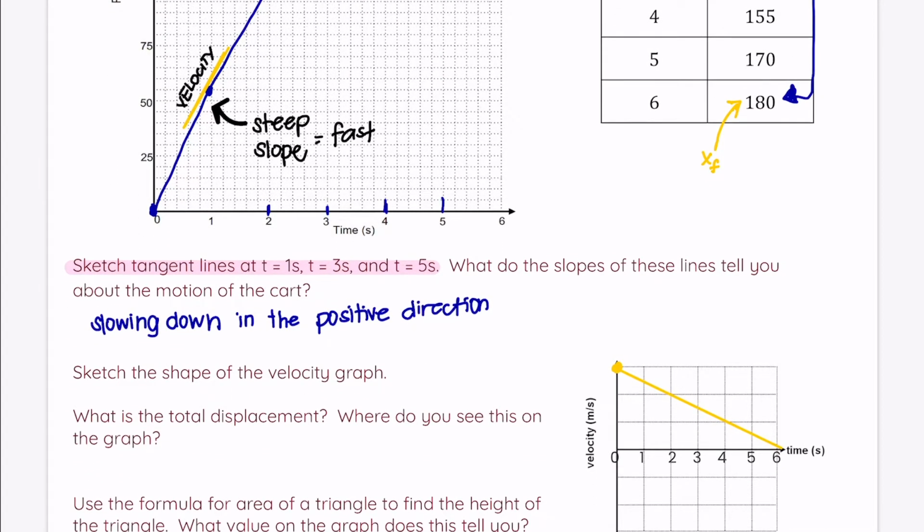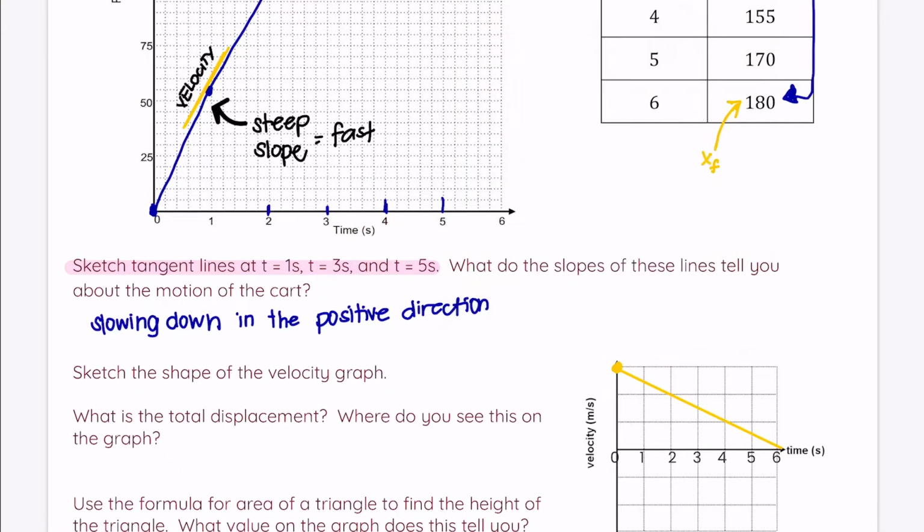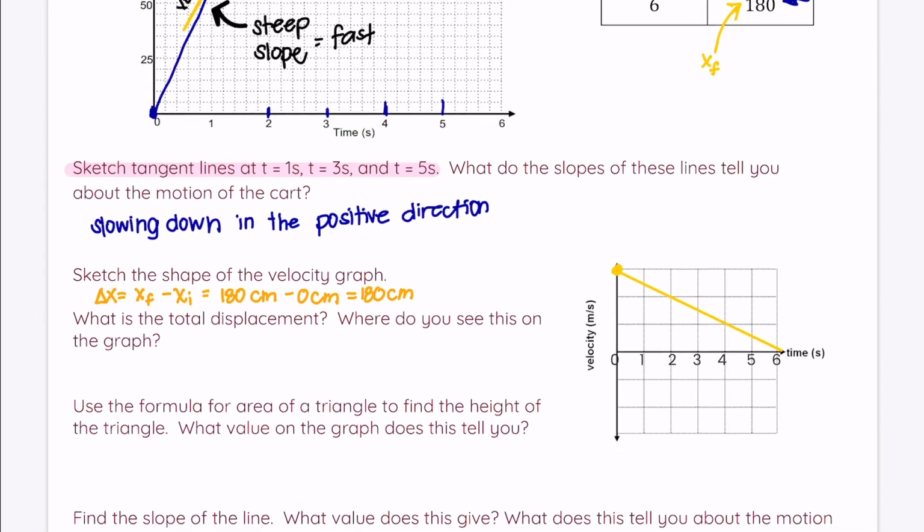So we're going to take our displacement. So our delta x is equal to our final position minus initial position of 180 centimeters minus 0 centimeters, and it's going to give us 180 centimeters. So our total displacement is 180 centimeters.